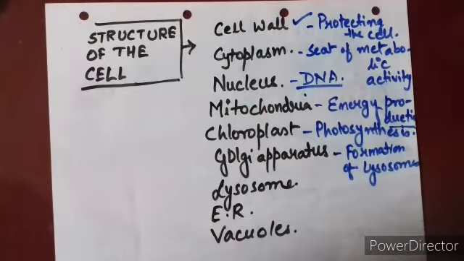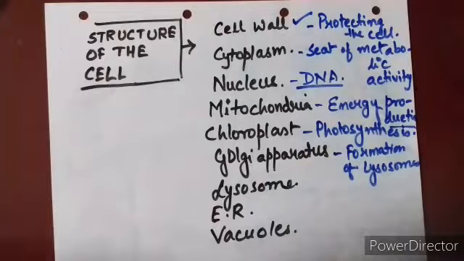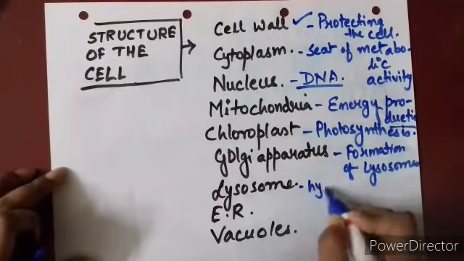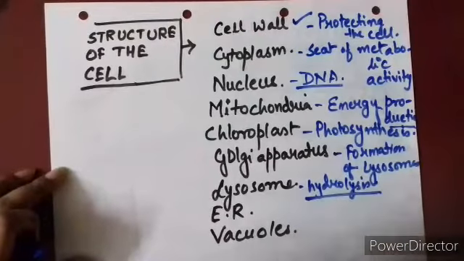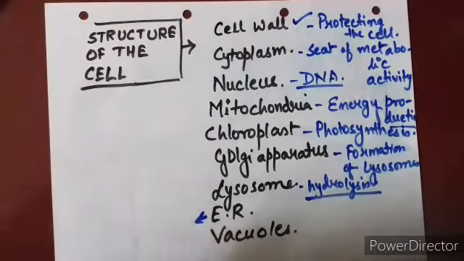Because to keep something junk inside the cell is not at all worth it. So lysosome degrades this eventually. So this is molecular degradation, that means hydrolysis takes place over here.